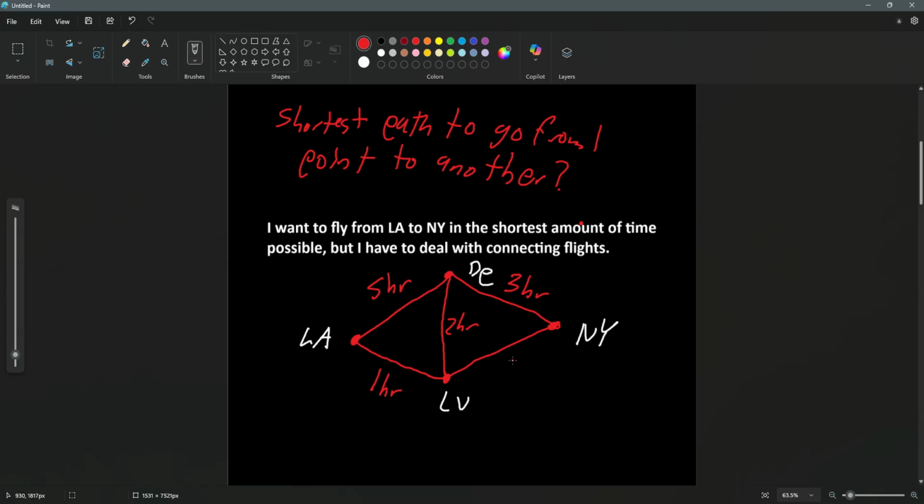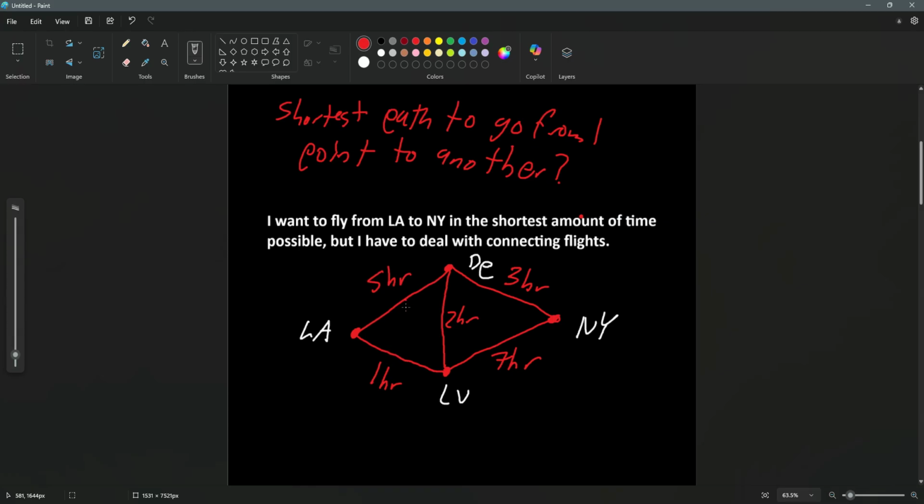And Las Vegas to New York takes 7 hours. The question for me is, how can I plan my trip so that it takes the least amount of time possible to fly from LA to New York, based on how long it takes to go from any of these airports over to New York?